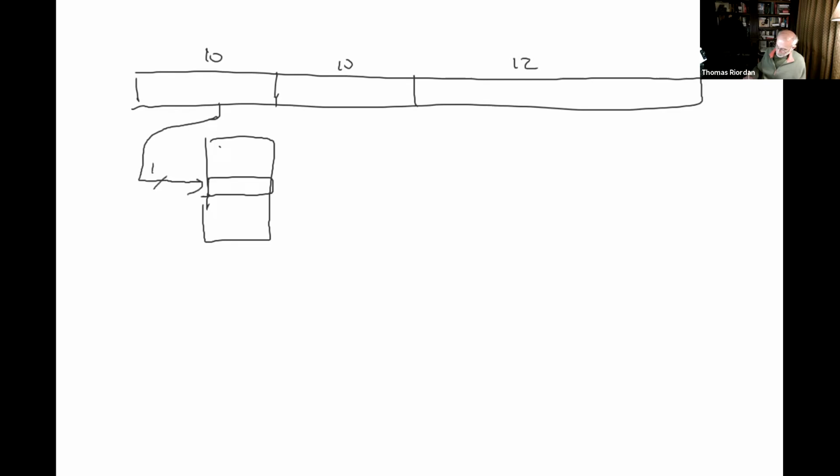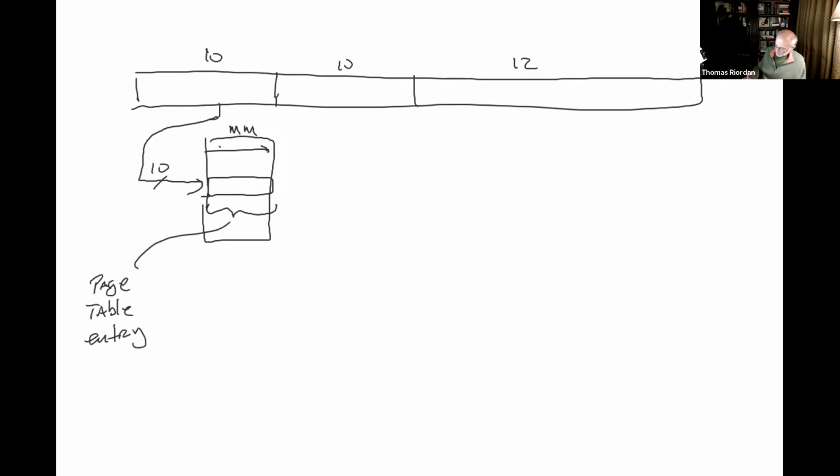So we're going to take 10 bits here and point that into our main memory somewhere, physical memory. And this thing here is called a page table entry. And again, this is pointing into main memory.